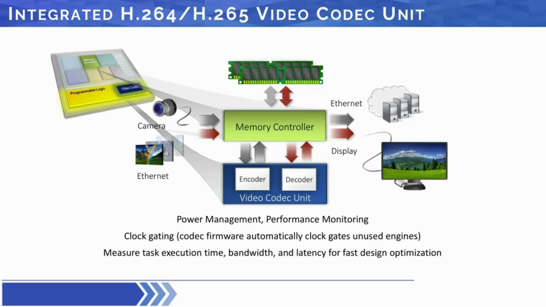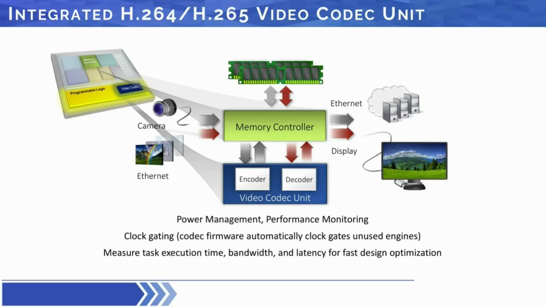Let me take the example of a typical teleconferencing application. You first capture the image, place it onto memory, and after some pre-processing, the memory would then be read by the encoder, the stream encoded and returned back to the memory, and will finally, under software control and typically leveraging the A53 cores, be transmitted to Ethernet.